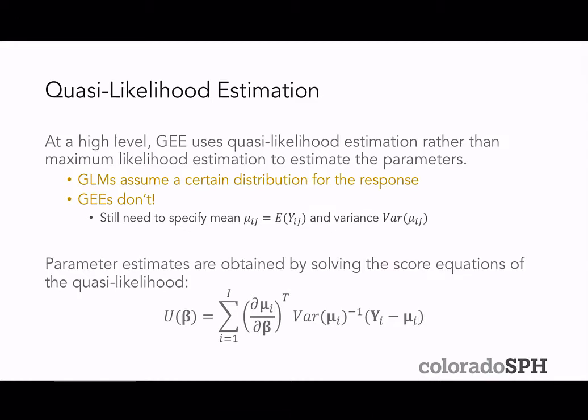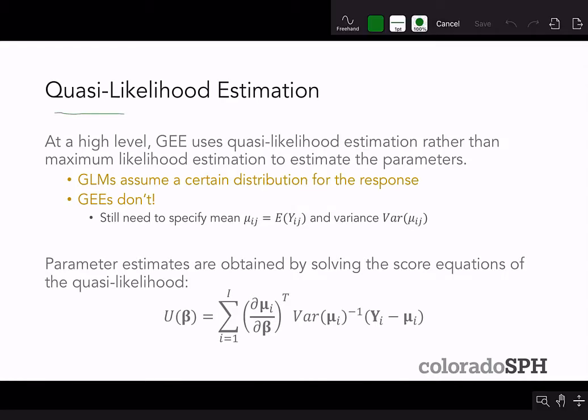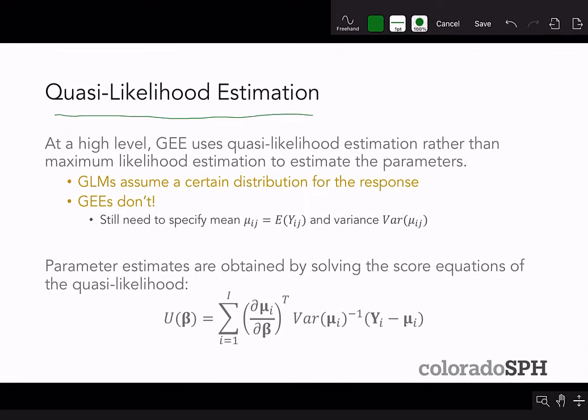And the way that GEEs are actually estimated is using what's called quasi-likelihood estimation. And this is because GLMs assume a certain distribution for the response vector y.